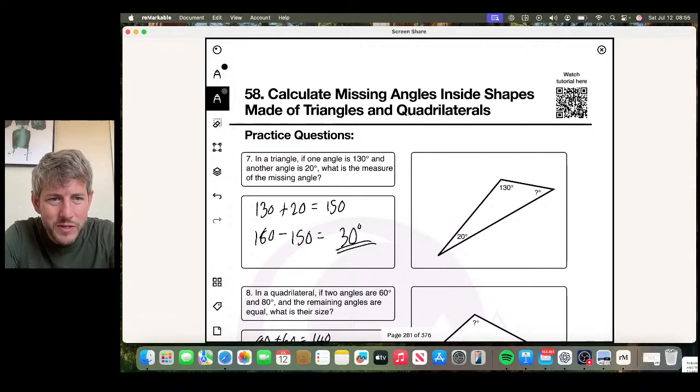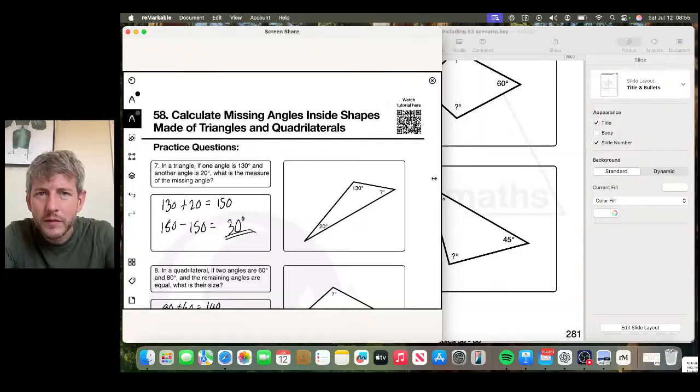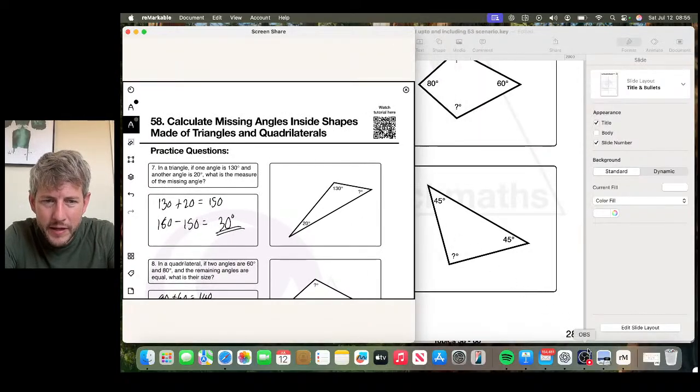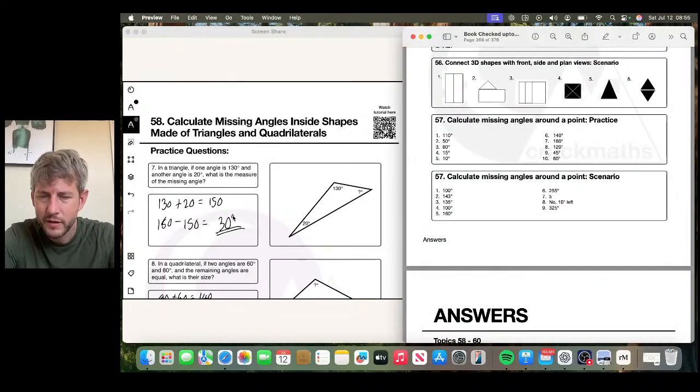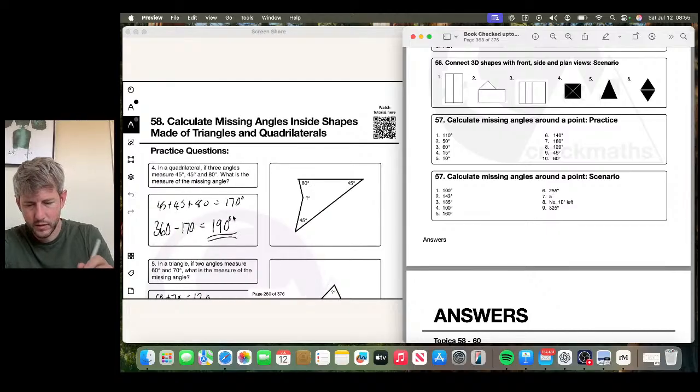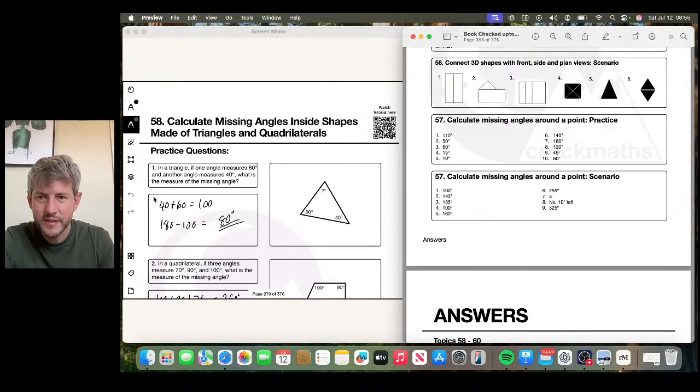So let's get these ones marked. Go to half page. So here we go. We've got 80 degrees here.